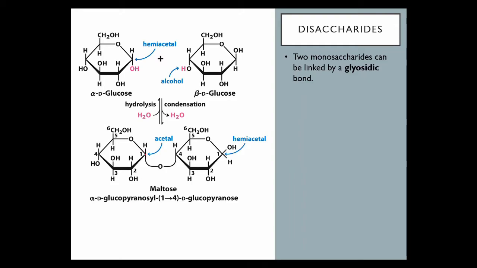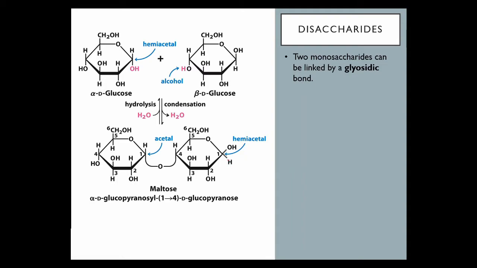And then the number 1 carbon is linked to the number 4 carbon of the second monosaccharide, so it's 1 arrow 4, and then the second glucose is also D, but again it can be alpha or beta, so we leave that out, and so it's D-glucopyranose. So that's the whole long name of this disaccharide, alpha-D-glucopyranosyl-1,4-D-glucopyranose.